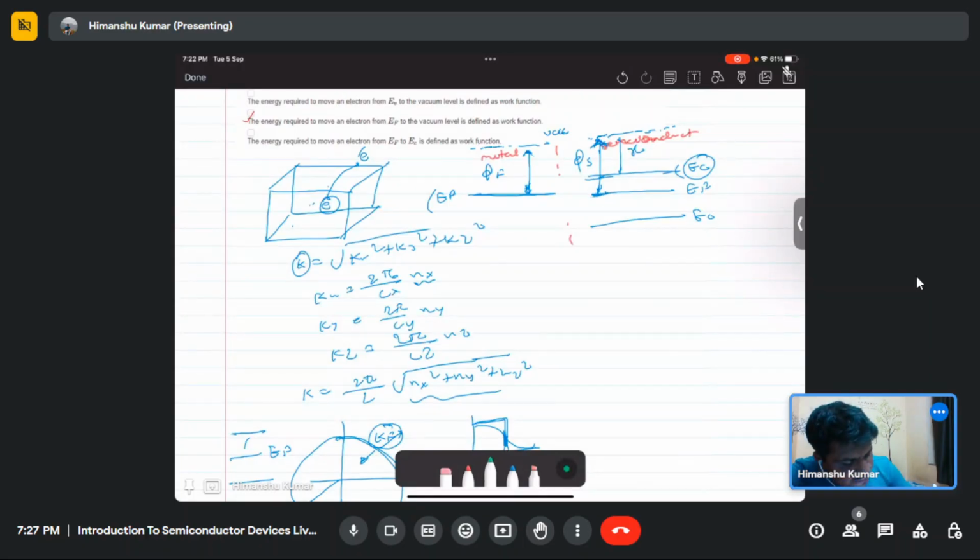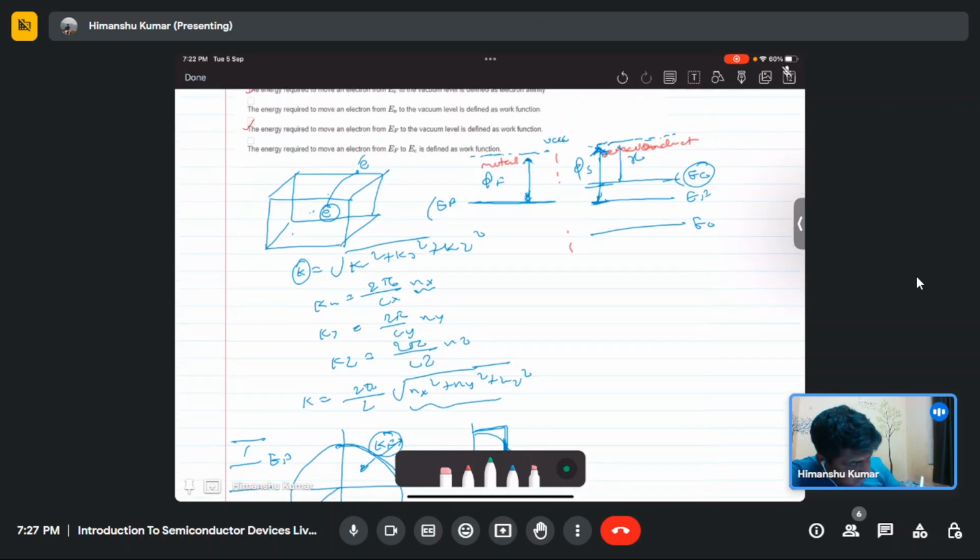So chi is from the conduction band, that is EC to vacuum, and phi s is EF to vacuum. Okay, so that is one basic concept, and this chi is a material property.